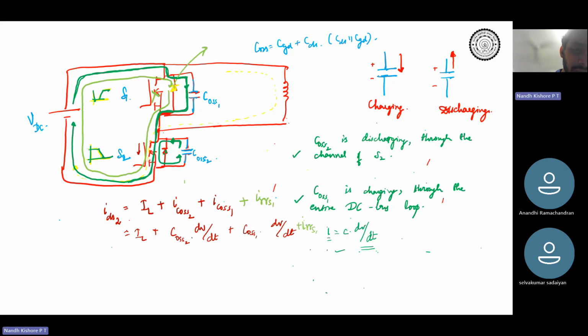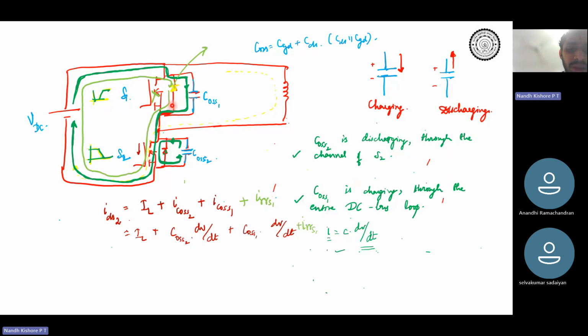That is how COSS1 would charge up, and COSS2 would discharge through the channel of S2 itself. That is why we have written here that COSS2 is discharging through the channel of S2, and COSS1 is charging through the entire DC bus loop.